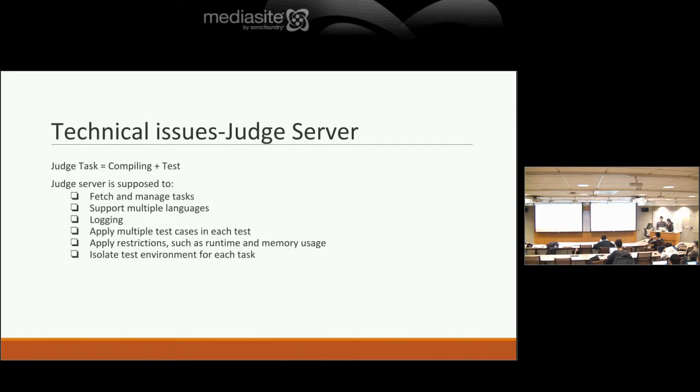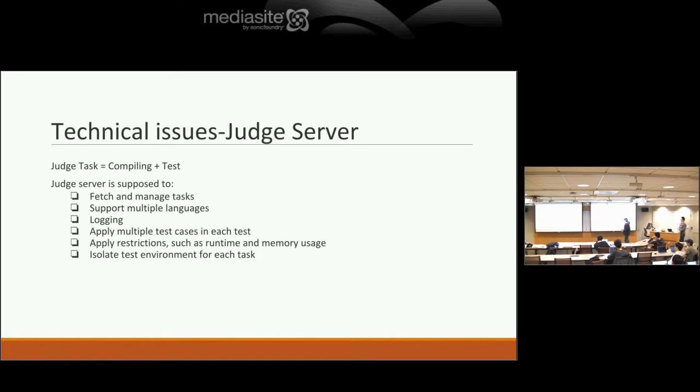I'll continue to talk about the backend side, the judge server, which is the most important part. First, I'll define the judge task as a combination of compiling and testing. In our system, the judge server is supposed to fetch and manage tasks and support multiple languages.